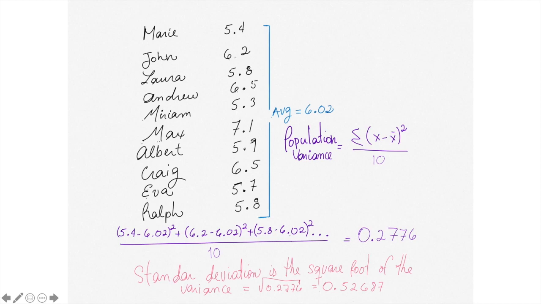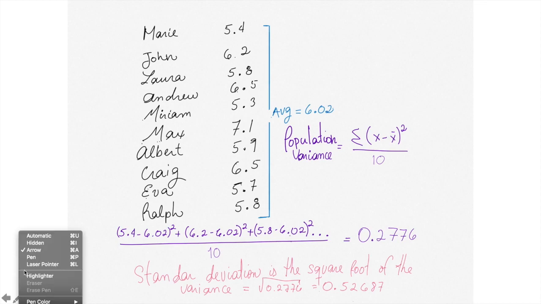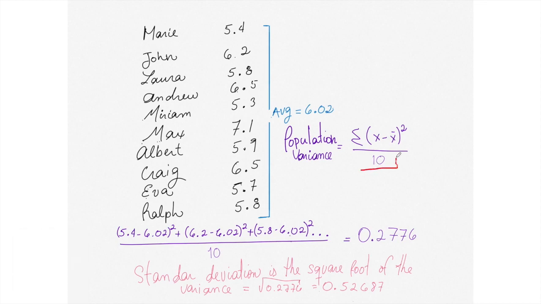You may be wondering why in this slide I don't subtract 10 by 1. In here, I don't subtract it because I want to talk about the difference between population variance and sample variance.